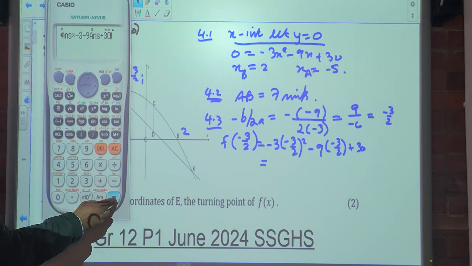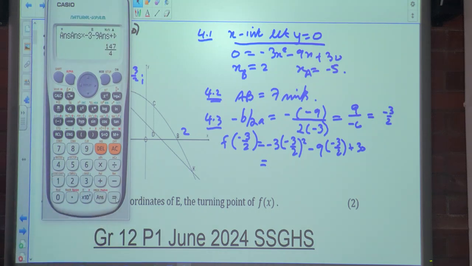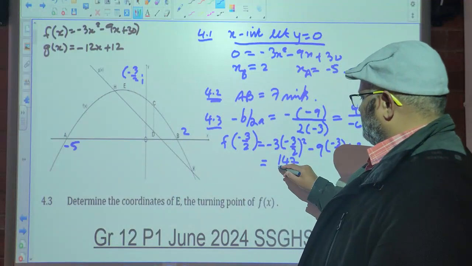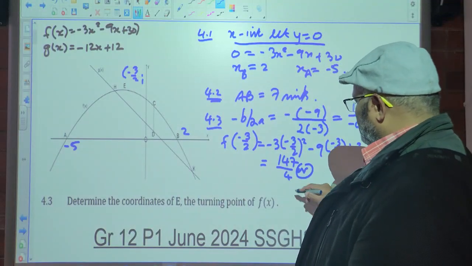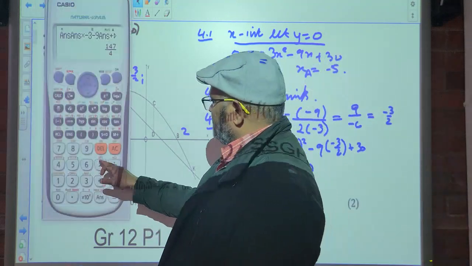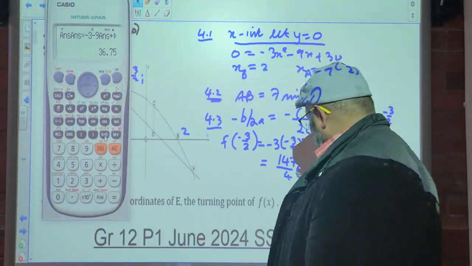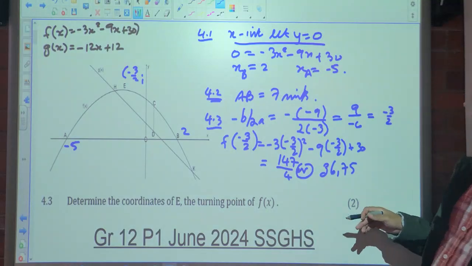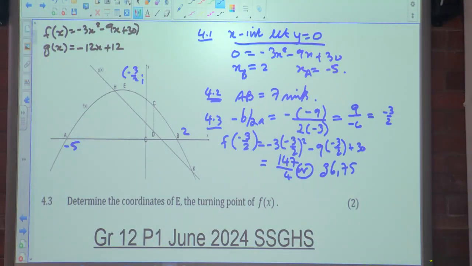It gives you 147 over 4, or 36.75, or 36 and 3 quarters.